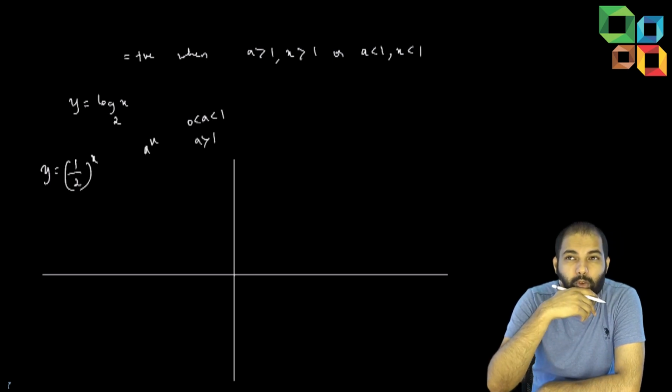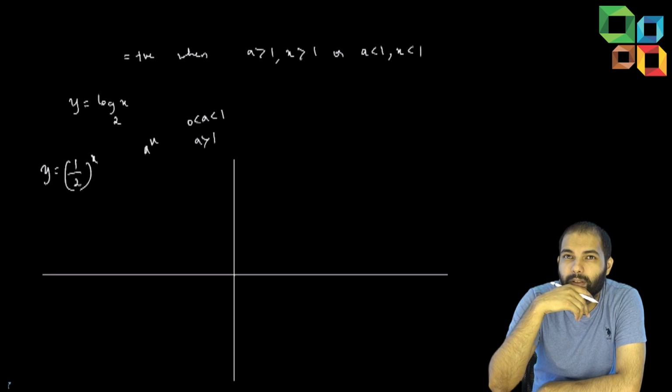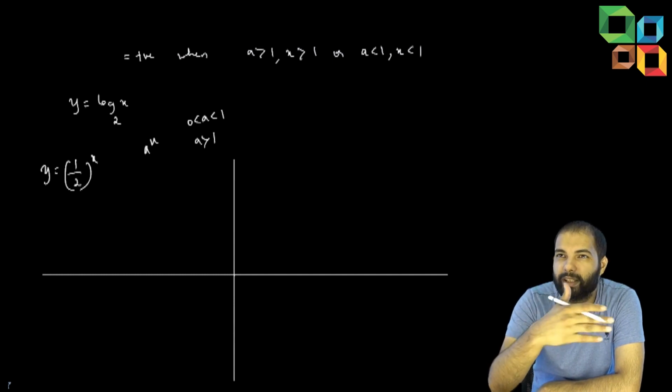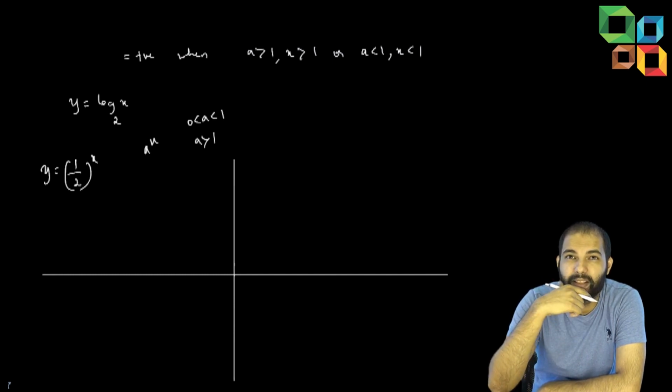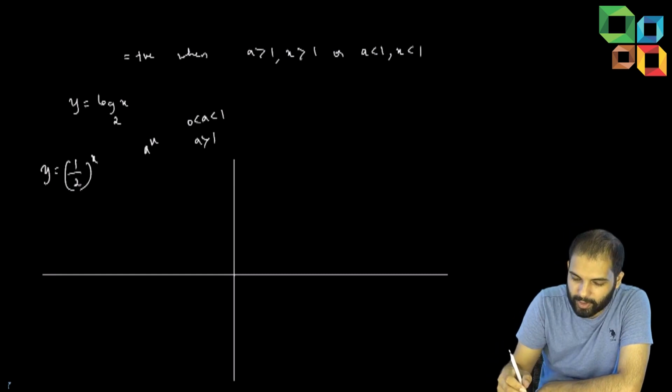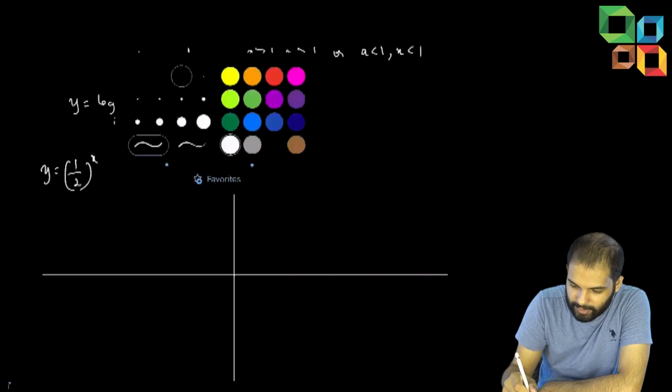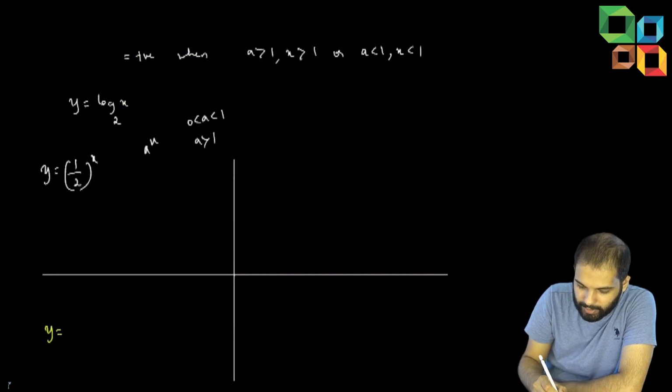They behave totally differently. So you can't randomly club them and analyze them together. That's why I'm taking separate cases. That's why I take a specific example of 2 power x and log x base 2. And now I'm taking half power x. And then next I'm going to do that for the log part also. So again, I'm going to analyze log x base half.